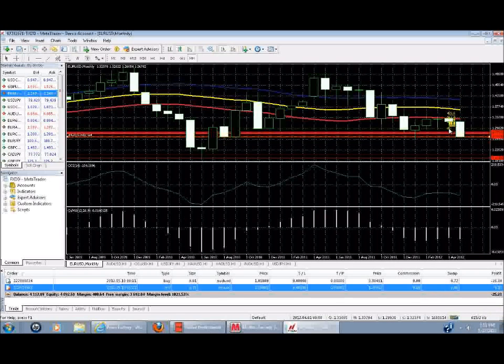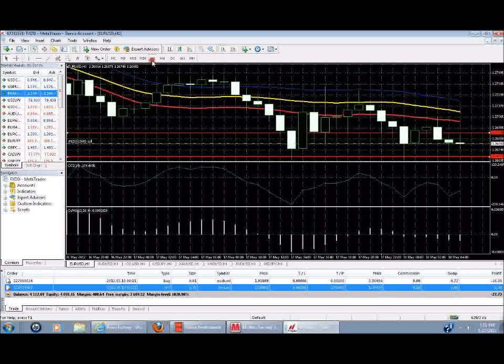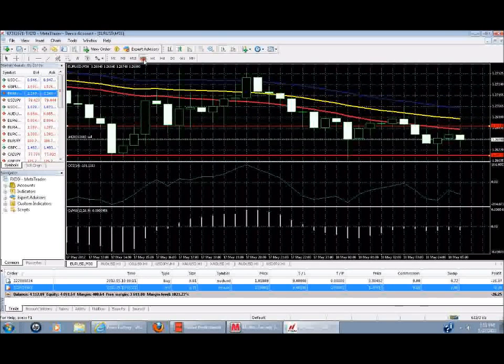This very easily says it's definitely on a downtrend for the month. But there's a lot of pips to be made both ways in the day that we trade from, the 30 minutes to the day chart.